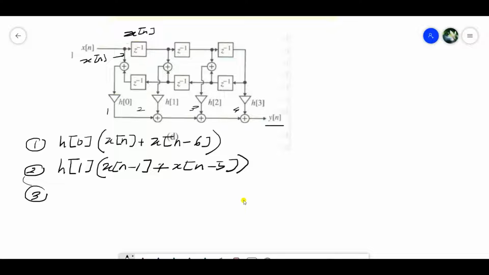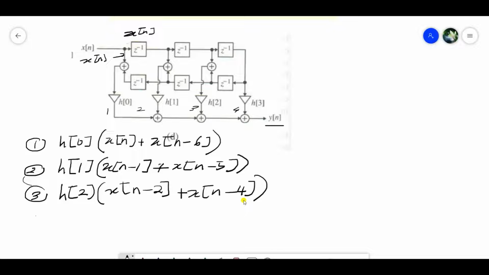Okay, so now we go to number 3, which is H2. Again, we trace back the signal that goes into H2. It is coming from xn minus 2, because of 2 delays, plus, because it's a summing junction, this signal. So this is xn minus 4.